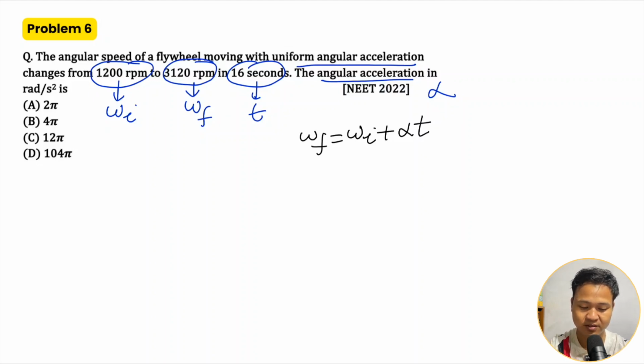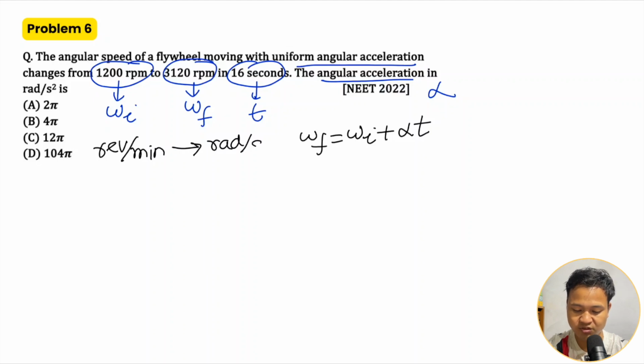The unit of omega is given as revolution per minute. What is the meaning of revolution per minute? We convert it into radian per second.